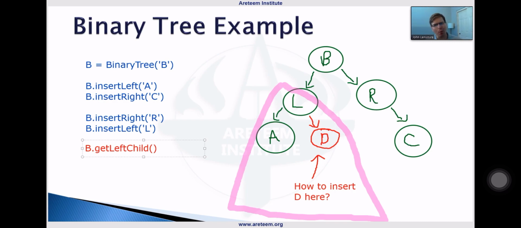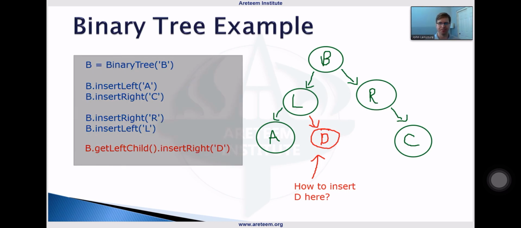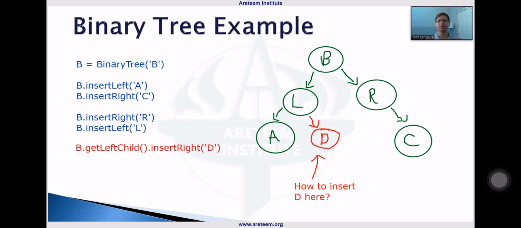And then at that point, we can add our right child. So now we do dot insert right. This is now empty; there's no node there currently. And we can insert a D there. So these are some of the things we can do when we're talking about adding or inserting values.